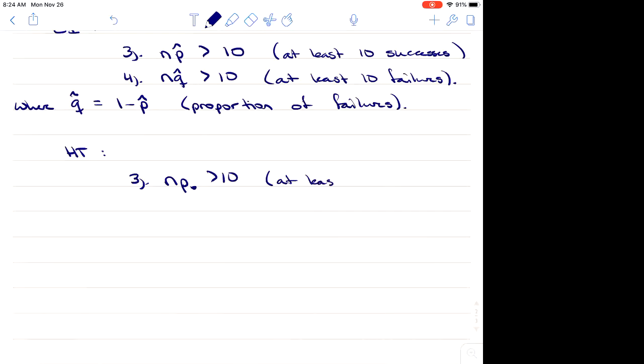So at least 10 hypothesized, or I'm going to say expected, successes. And the fourth one is that n times p naught is greater than 10. Oh, sorry, that's the same thing. n times q naught. At least 10 expected failures.